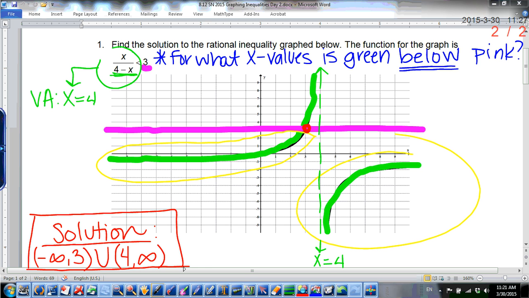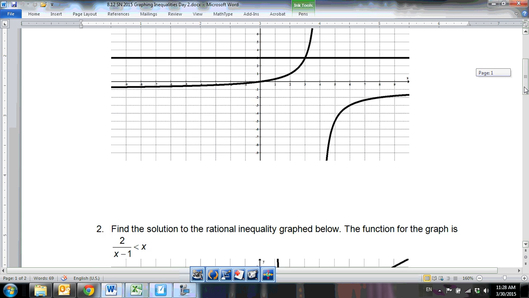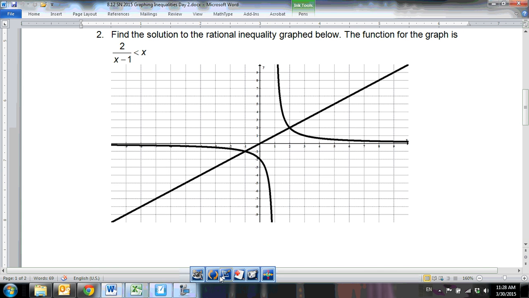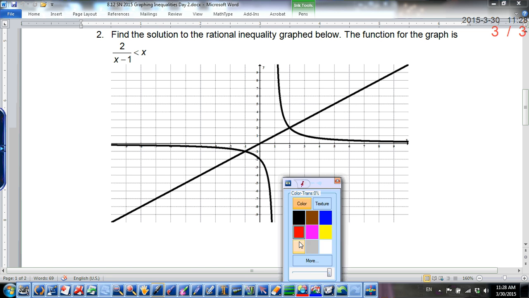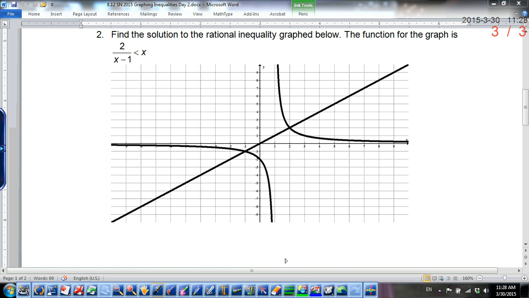Okay, let's look at number 2. We're going to start by doing the same thing again. The colors really help me visualize what we're comparing. Not, of course, going to force you to use the colors, but I think they do help.